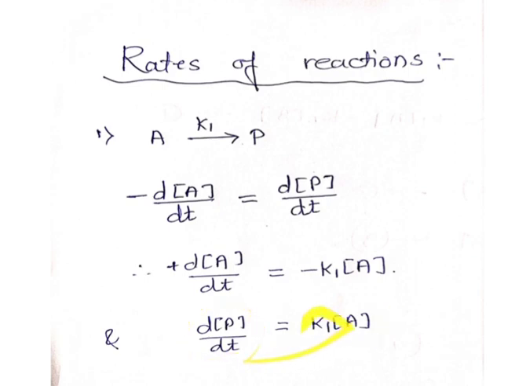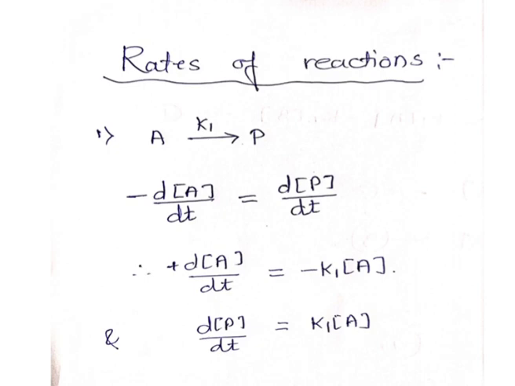And by which rate the product is forming, so the rate is K1. So you can note down here K1 into concentration of A. From A with rate K1 the product formation occurs. That's why you can note down the equation as dP by dt is equal to K1 into concentration of A. So this is a very simple reaction.